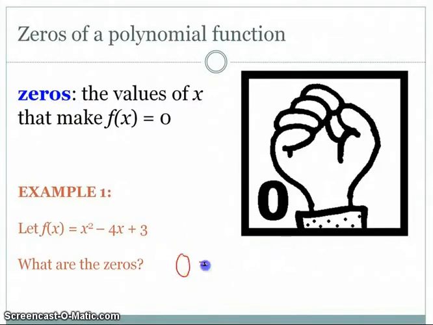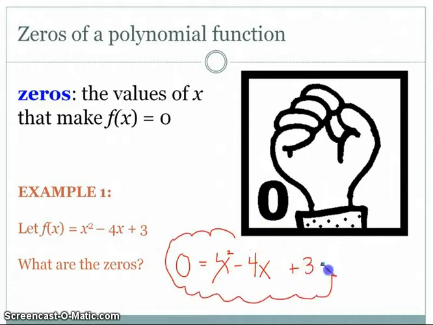That's the same thing as finding out what values of x make x squared minus 4x plus 3 equal to 0. I hope this expression looks familiar to you, because every time you've ever solved polynomial functions, you've solved them by setting them equal to 0.